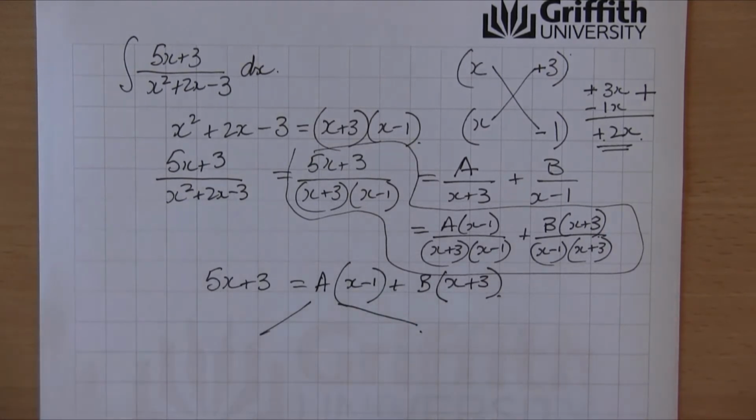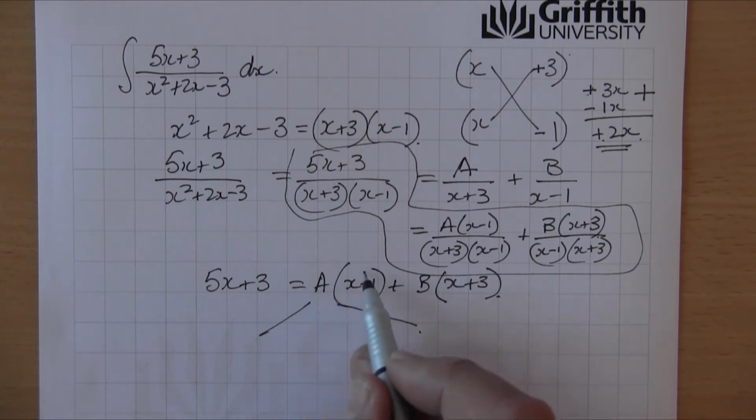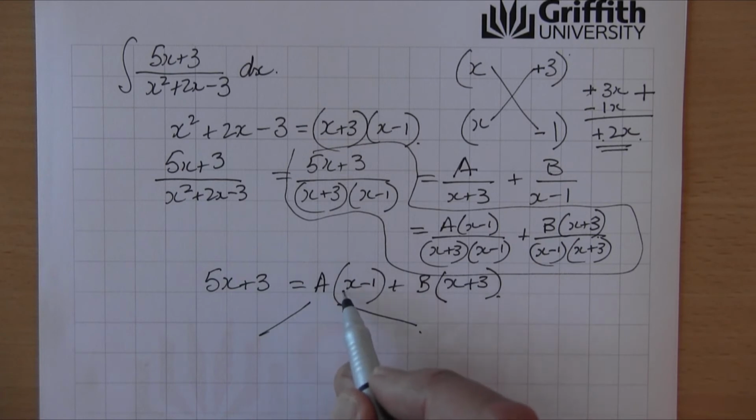The first method involves, because you've got x minus 1 and x plus 3, letting x be a value to make this equal to 0, and then all of this a term will be equal to 0.